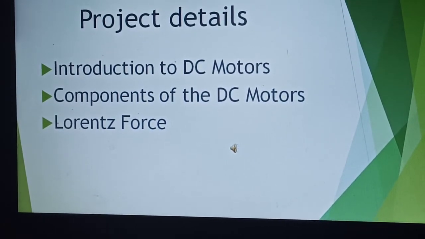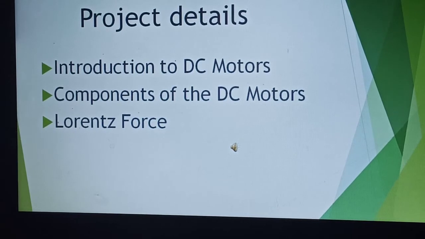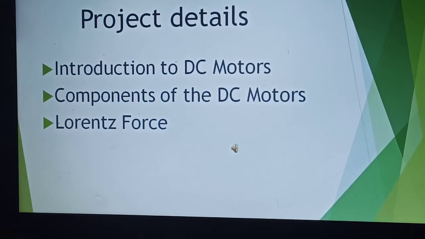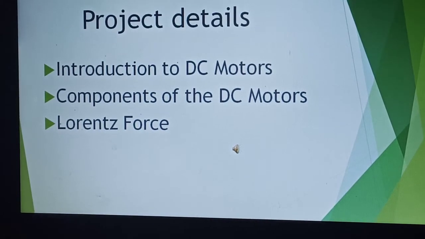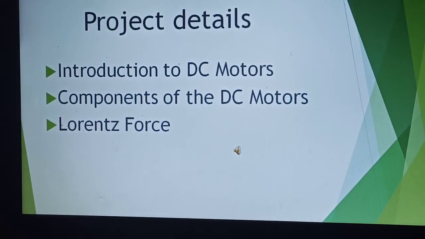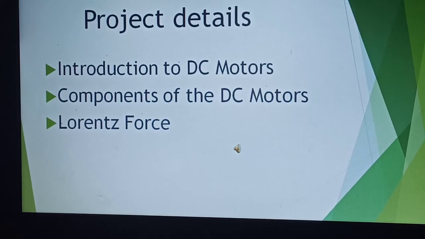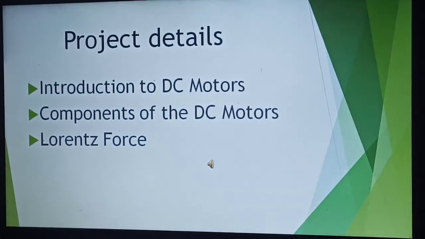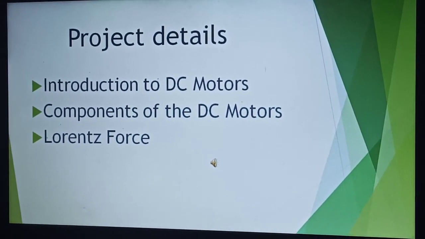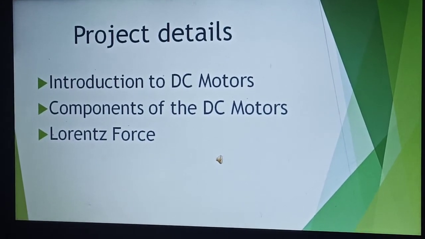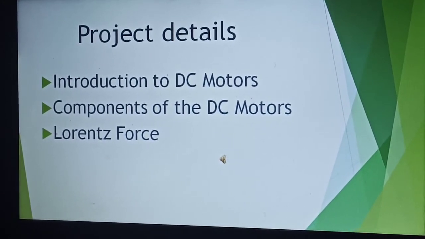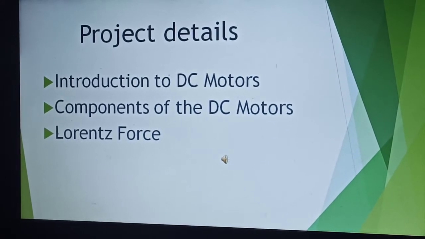The components can be an armature, which is the rotating part, and we have some magnet as well. We have an electric source as well, and we provide the motor some electrical power.